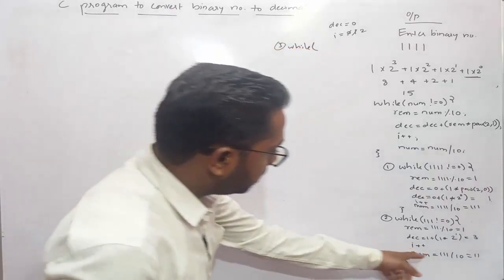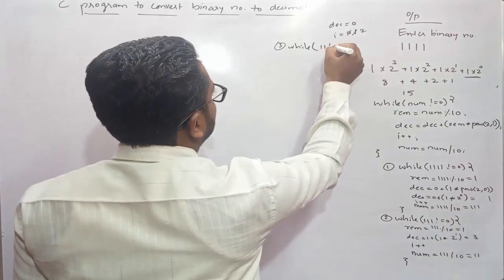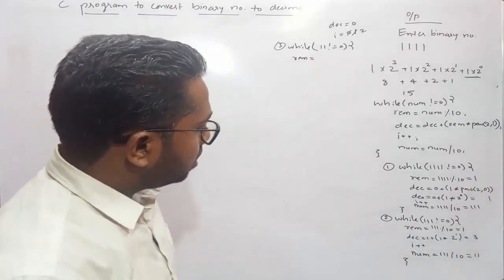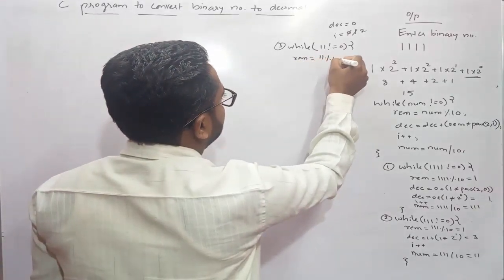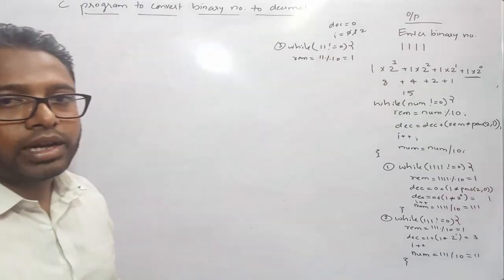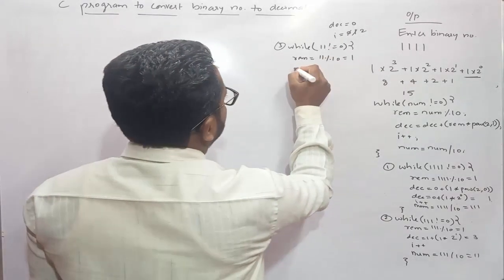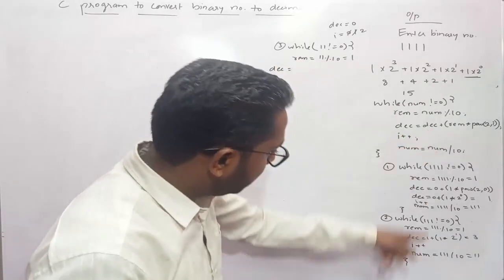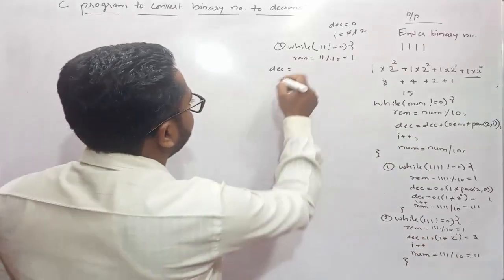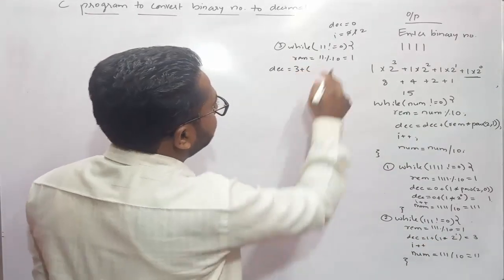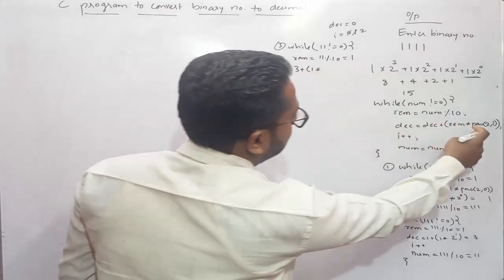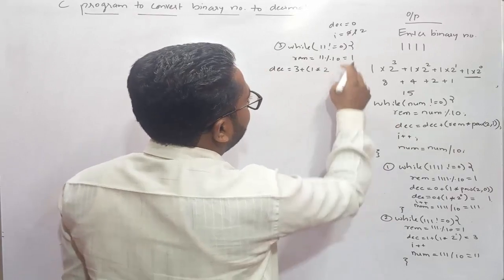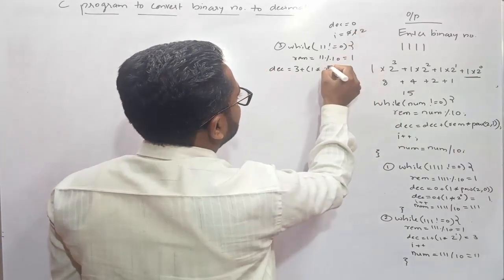While num, which is 11, is not equal to 0, then remainder equals num mod 10. You will get 1 as a remainder. Then decimal equals decimal, what is the value of decimal in the second iteration? 3. 3 plus remainder, which is 1, into power of 2 comma I. So we can write it like this: 2 raised to the value of I, which is 2.